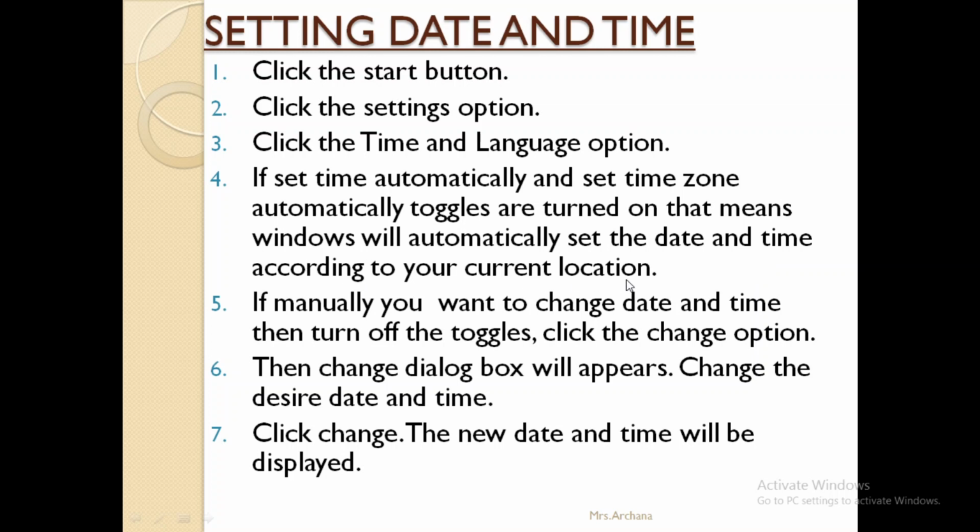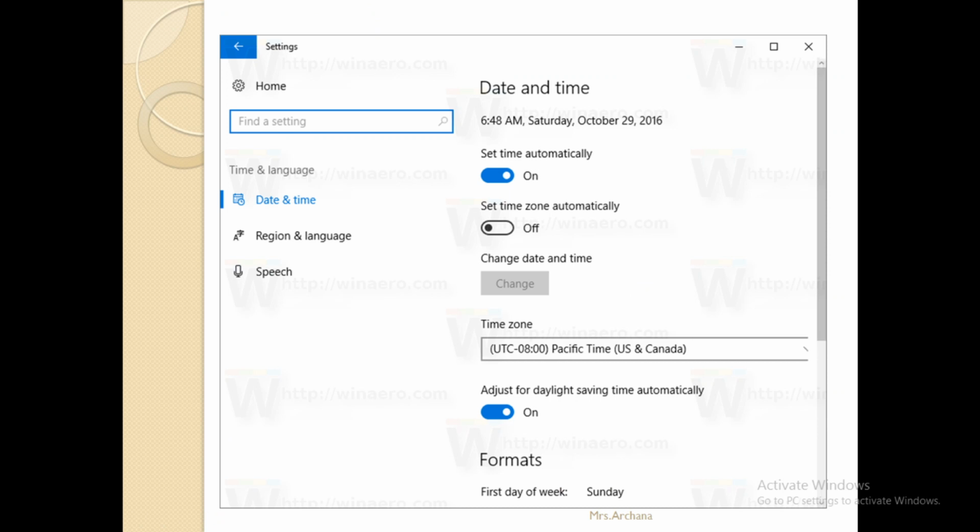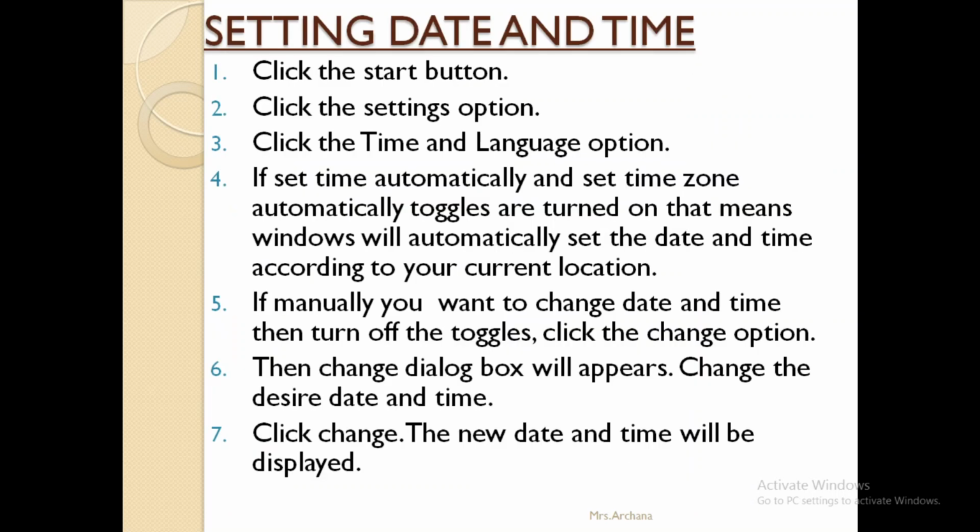Now I will show you this option. See, here this is on, and if this is also on, that means it will automatically change your date and time according to the time zone, according to your place. This is the fourth step.